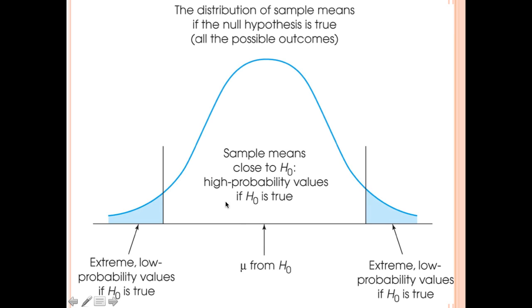So these high probability values, if H0 is true, would give you a non-significant result. These in the tails, if your z-score is way out here, then it's an extremely low probability if the null hypothesis is true.